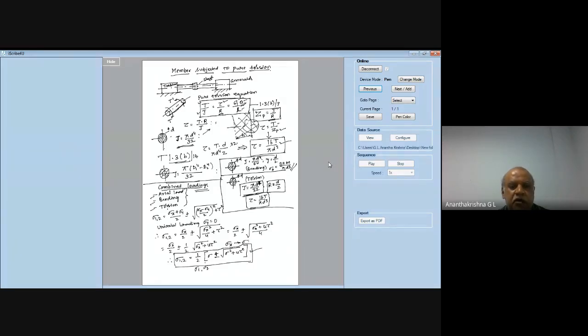Bending comes when you have a transverse load; a transverse load induces a bending moment, which induces bending stress.